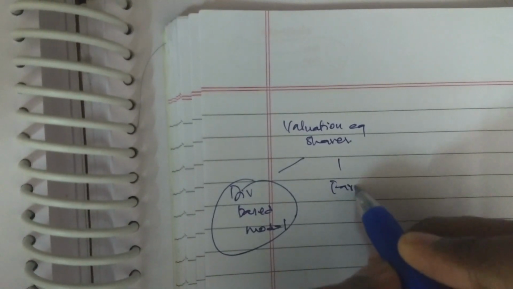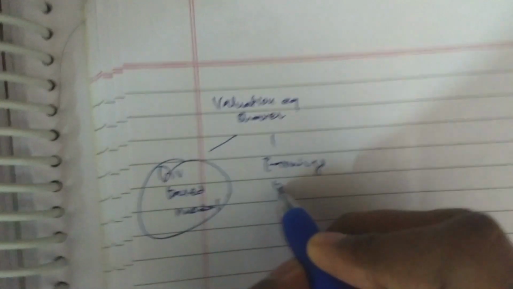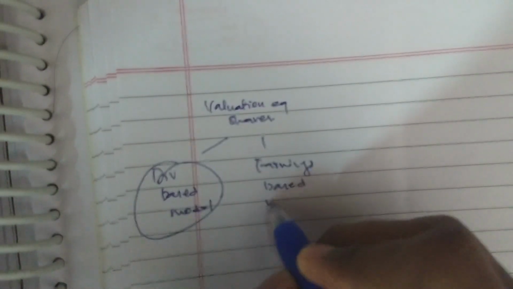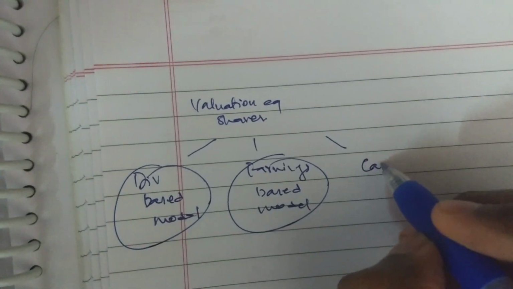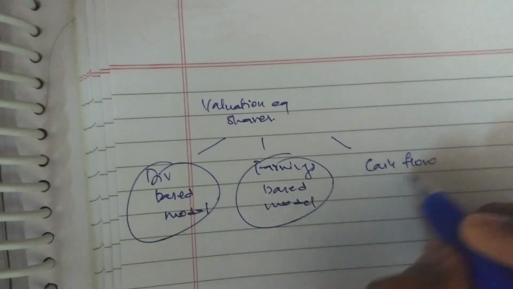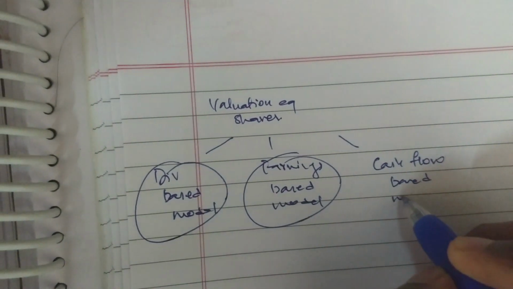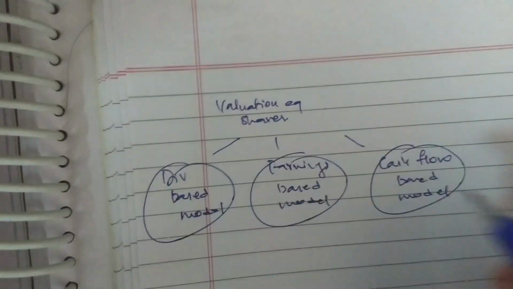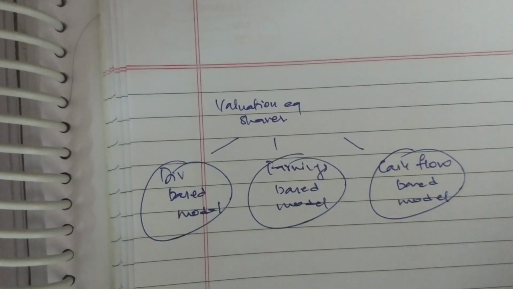Second one is an earnings based model. Third is the cash flow based model.